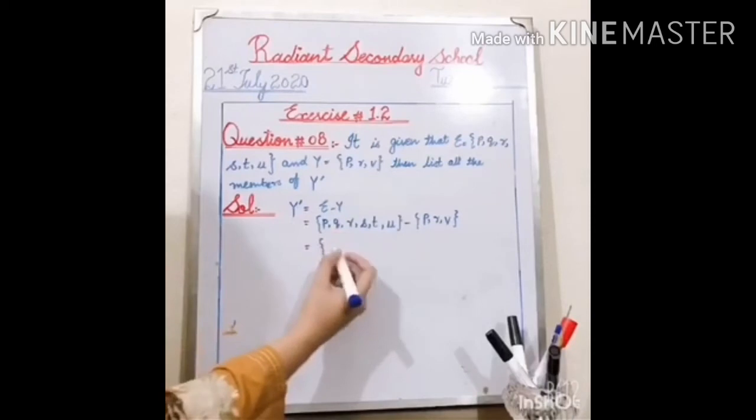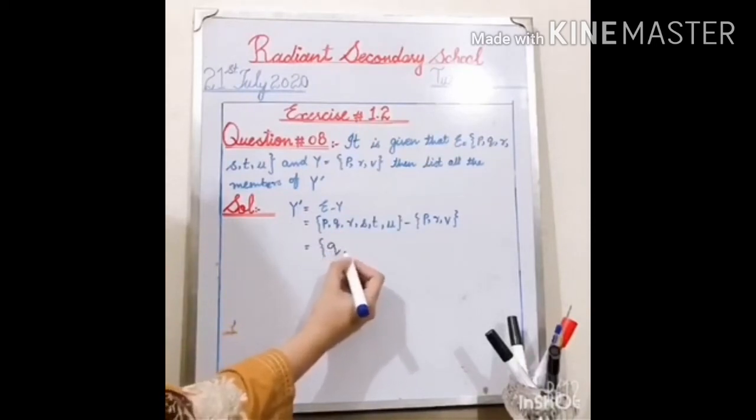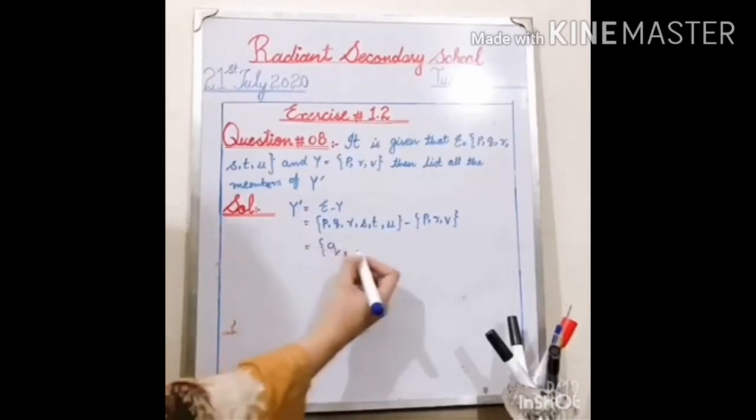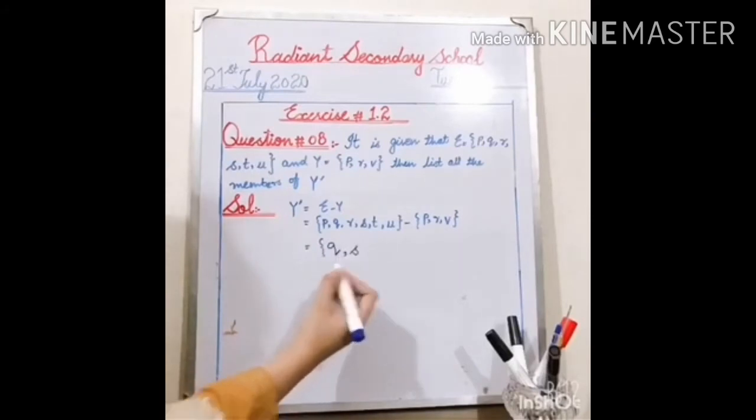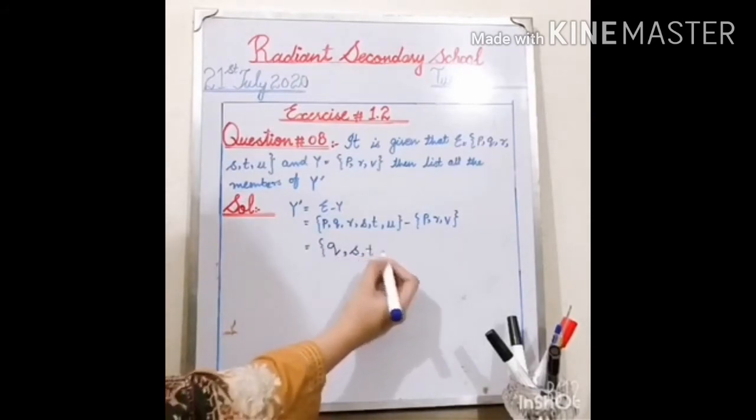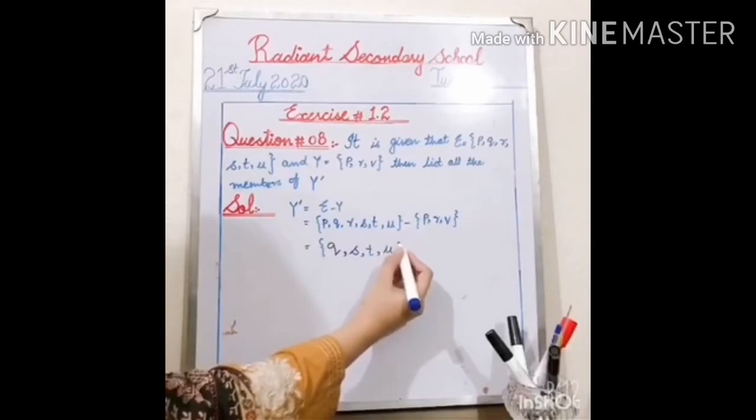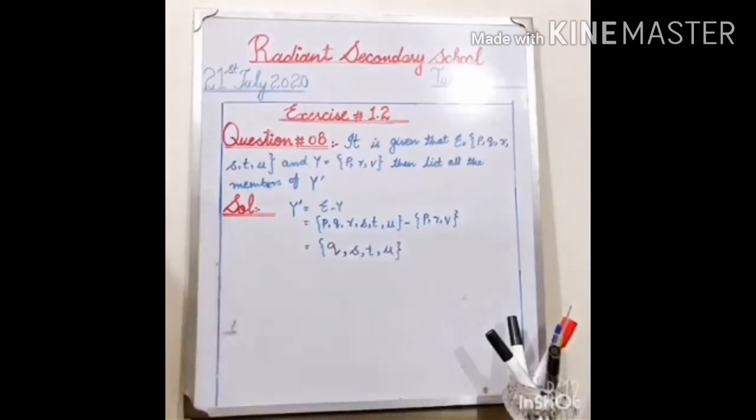Q, S, T and U. So these are those elements which are present in the first set but not in the second set. So these are all the members of Y complement.